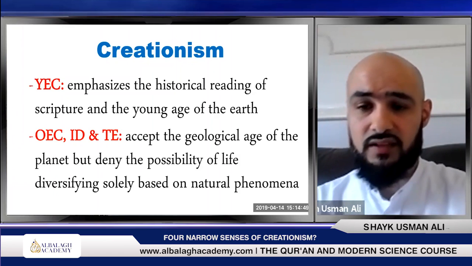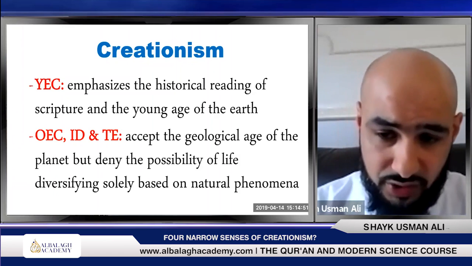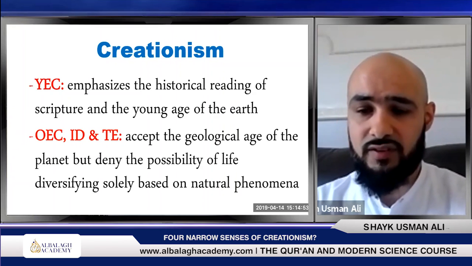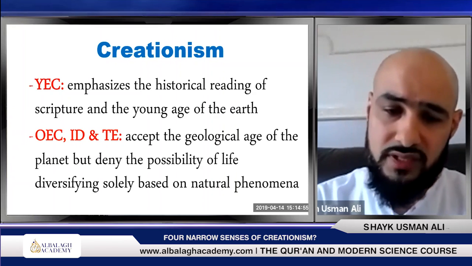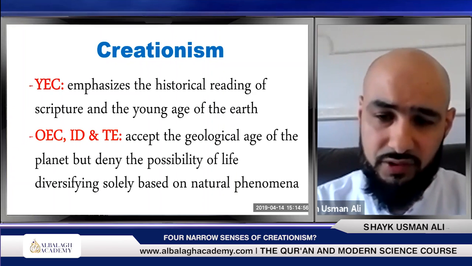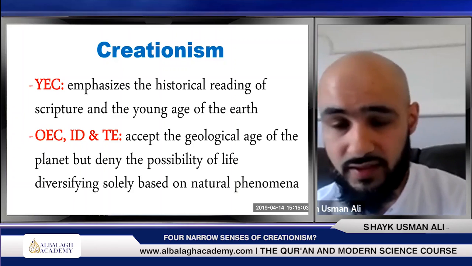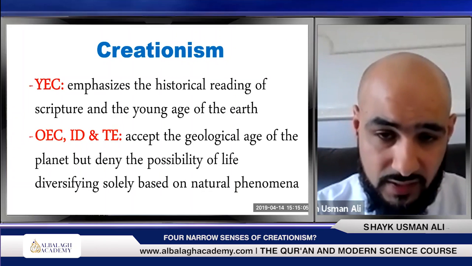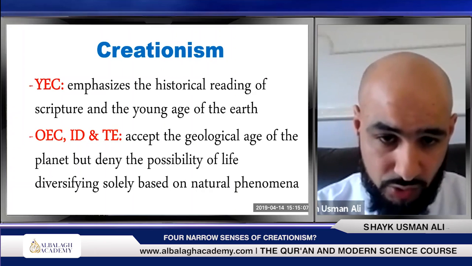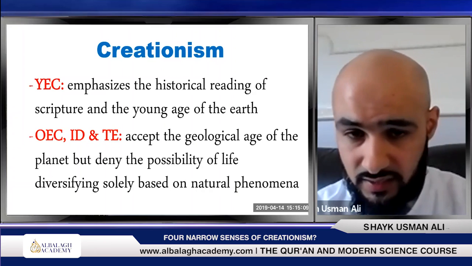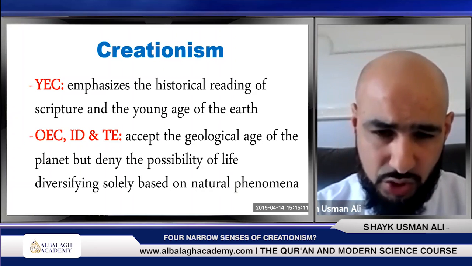Now, these old earth creationists have a worldview which is more loosely defined than the young earth creationists. And in recent decades, the old earth creationists have become more diverse. And that's why you have three categories here. And within each category, old earth creationism, intelligent design, and theistic evolutionism, there is a huge overlap.